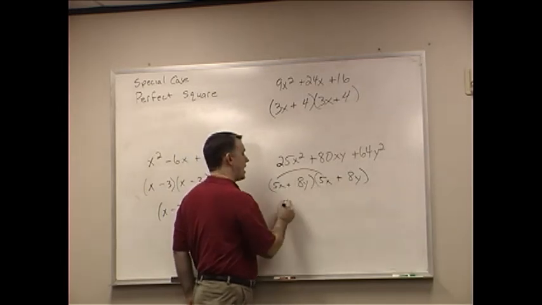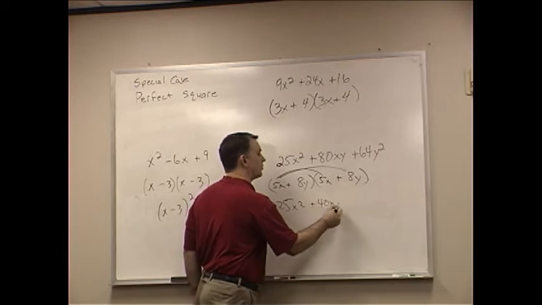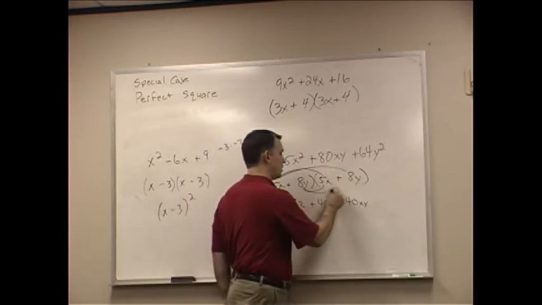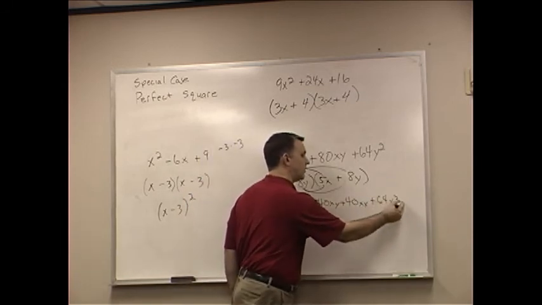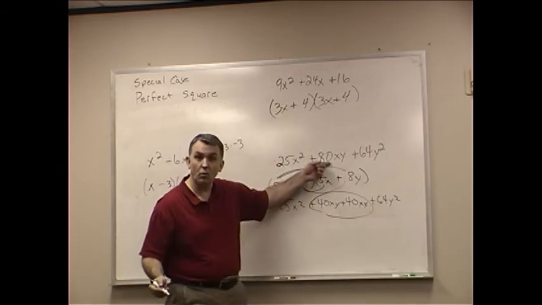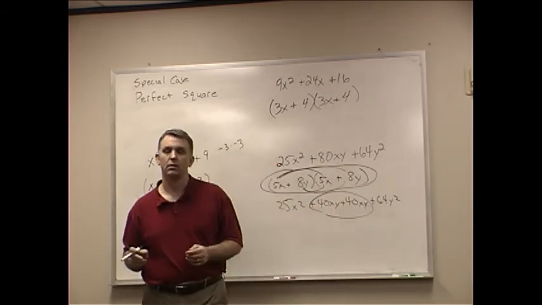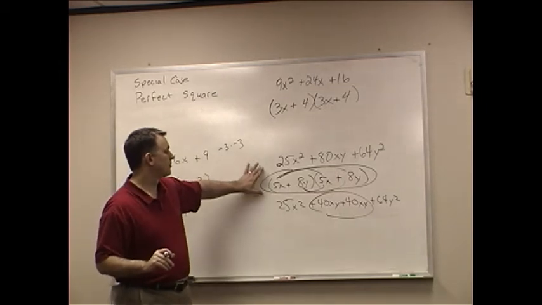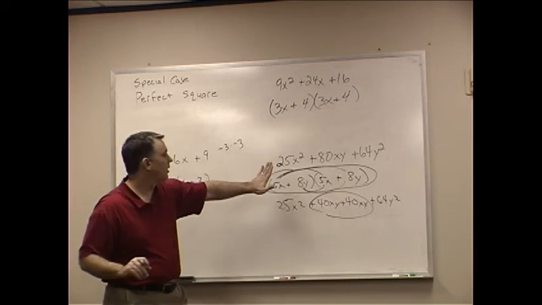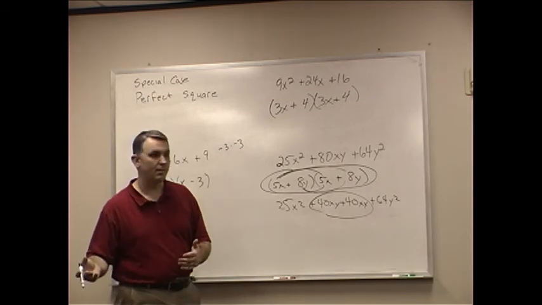I could multiply it out. 25x squared plus 40xy plus another 40xy plus 64y squared. You put together the middle terms. Does it give me 80xy? Yes, it does. This is the right answer. When you are doing these, if it looks like it's going to be huge and ugly, I have to take a step back.